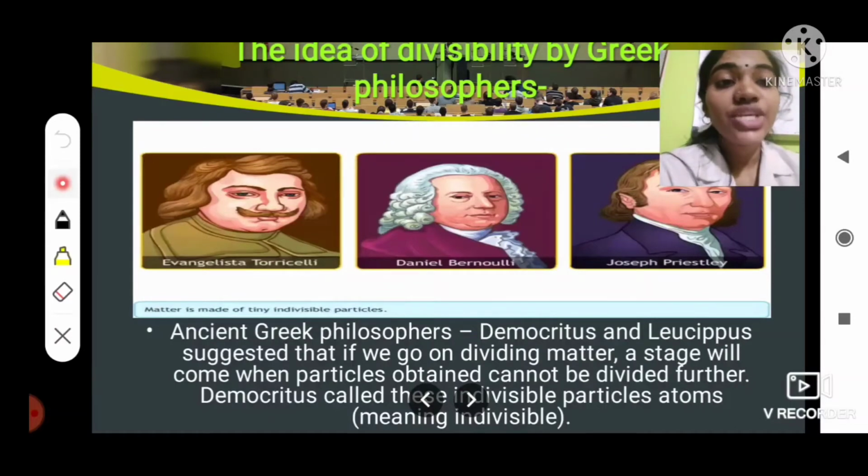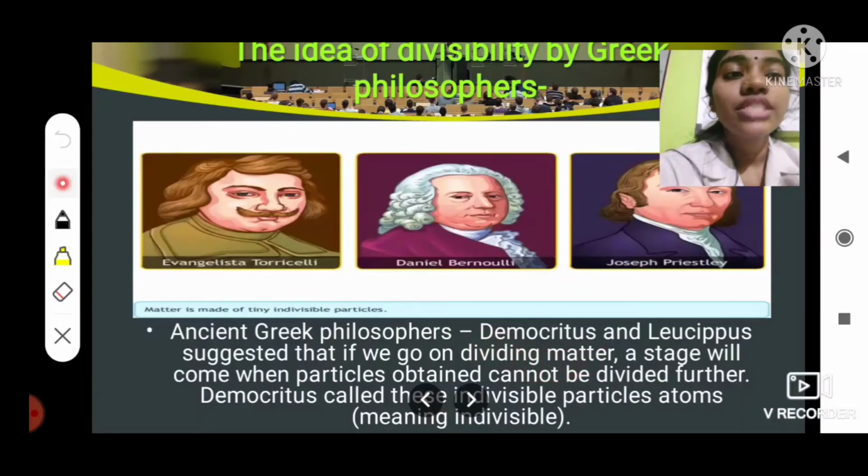And the ancient Greek philosophers Democritus and Leucippus suggested that if we go on dividing matter, a stage will be reached at which we cannot divide the matter into further units.